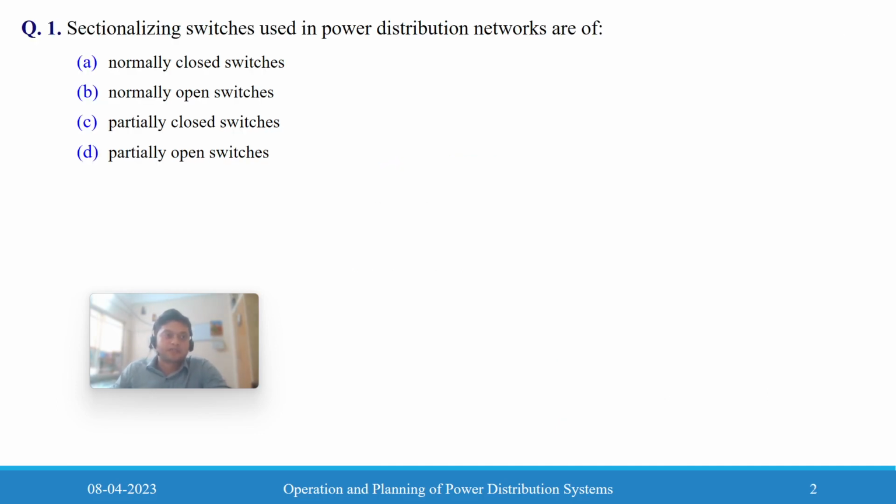The first problem is that sectionalizing switches used in power distribution networks are: A, normally closed switches; B, normally open switches; C, partially closed switches; D, partially open switches.